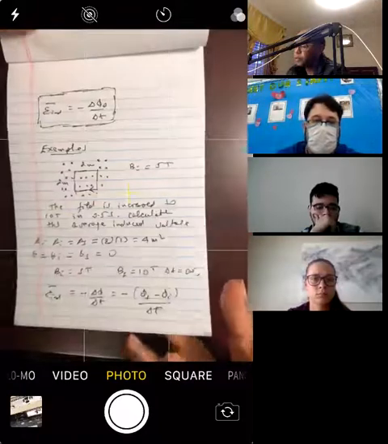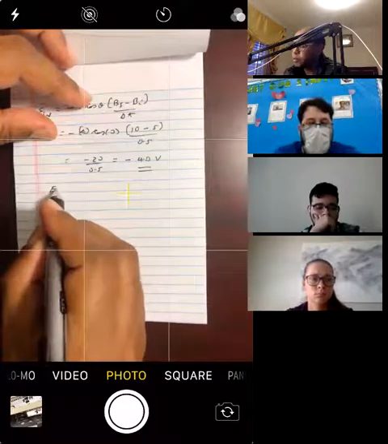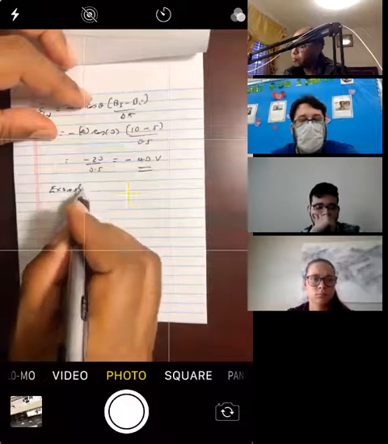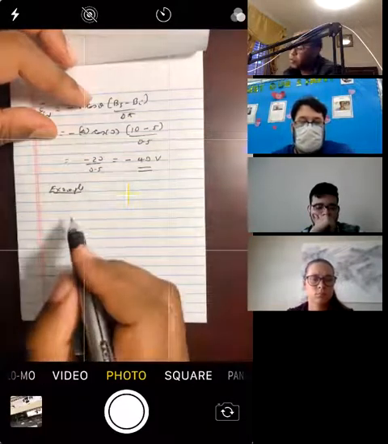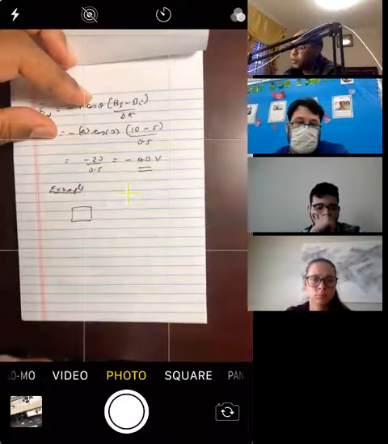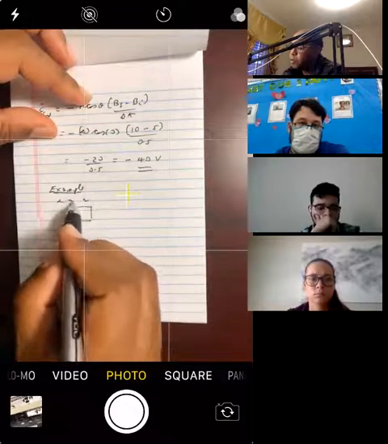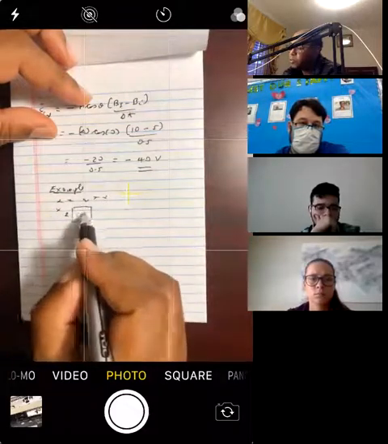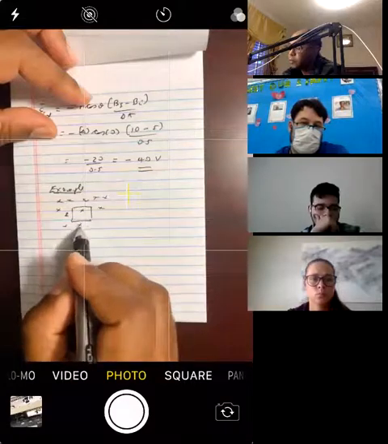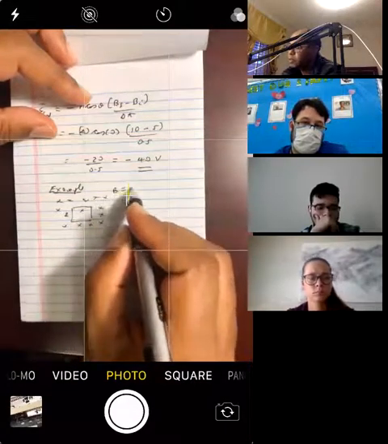Okay, so let's look at another example. Suppose we have the following. Once again, let's say we have this square over here. Okay, maybe it's 2 by 2 again. But now we have a field perpendicularly into the paper. Okay, and let's say the field is maybe 10 Tesla.